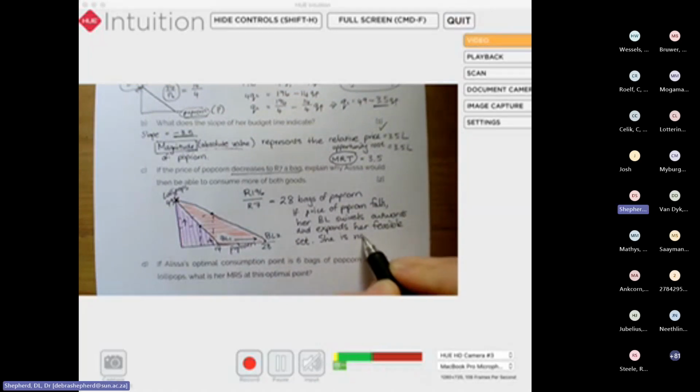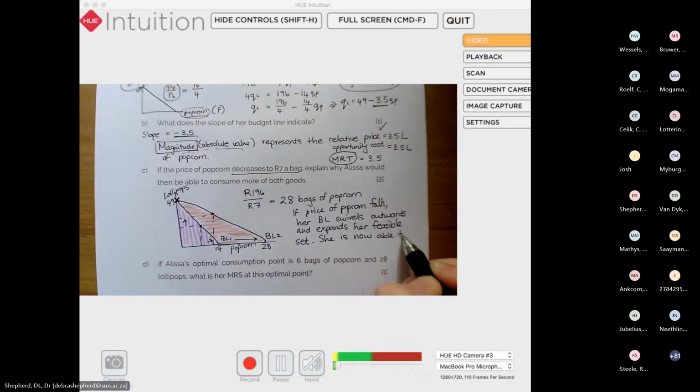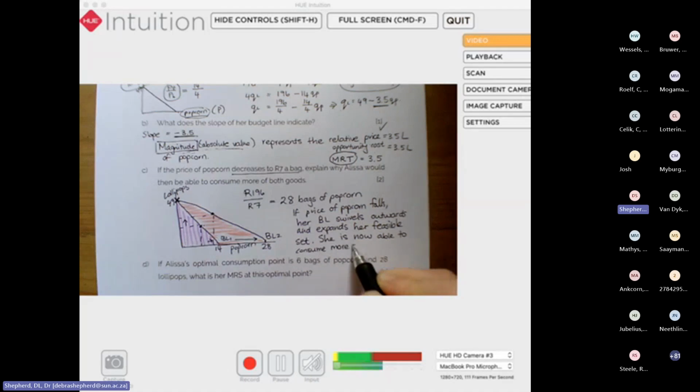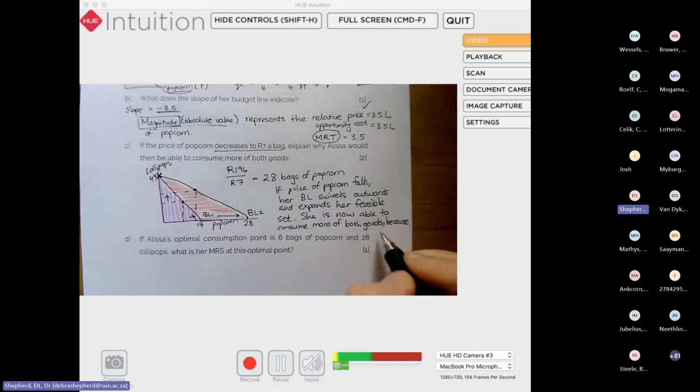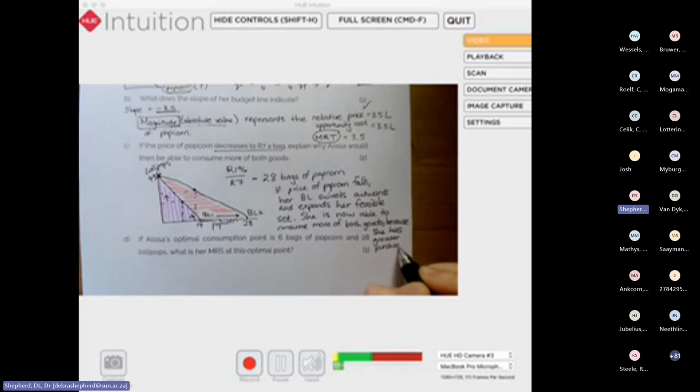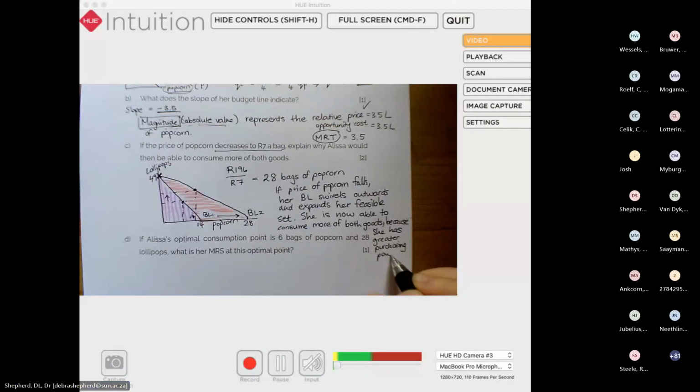She is now able to consume more of both goods. And then I would probably add because she has greater purchasing power.